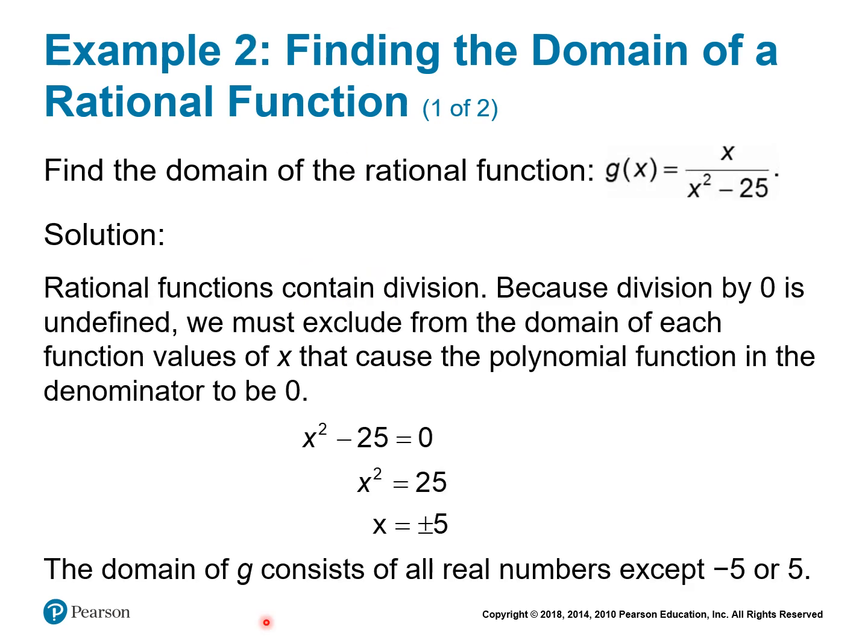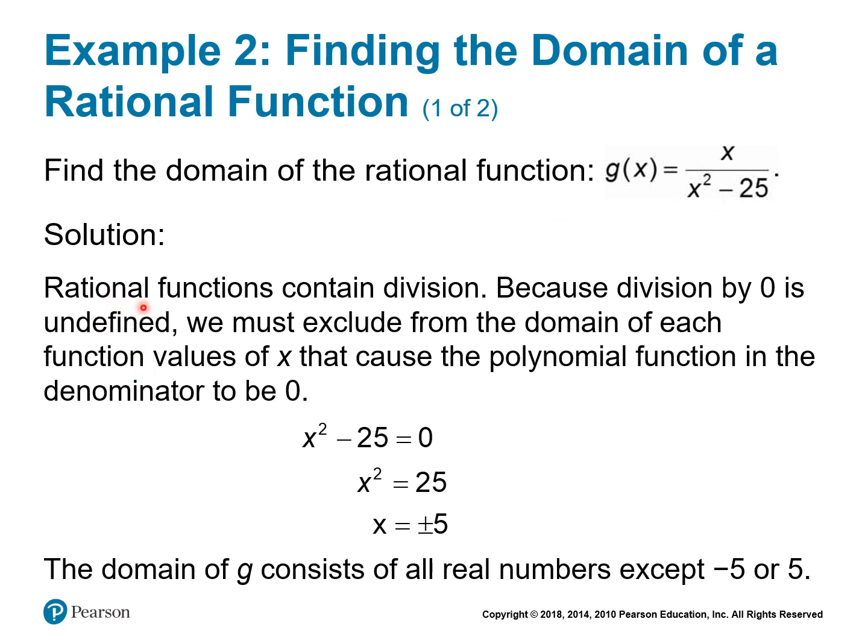Here's another example of finding the domain of a rational function with a different function here. It says g of x equals x divided by x squared minus 25. So here we have a quadratic expression x squared minus 25, and we have to find the domain of this function.